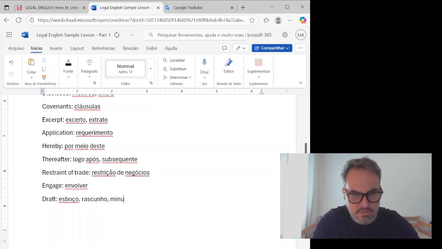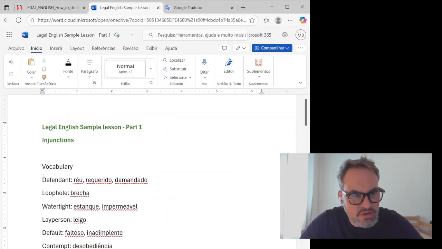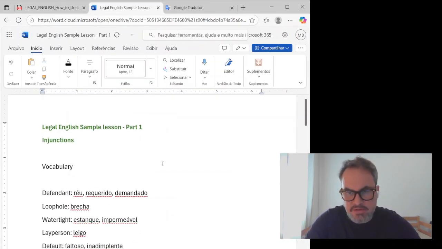Minuta. The following is a precedent for a suitable type of injunction order. Complete the drafting. Did I use this word injunction here? No, I didn't.